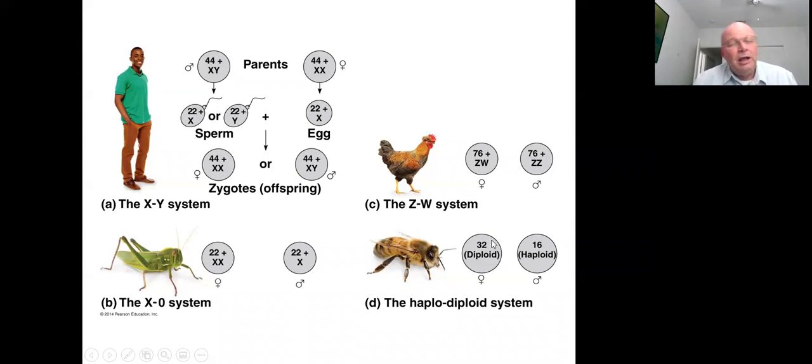In communal insects or colonial insects, like bees, wasps, termites, and ants, the females are all diploid, and they're the product of fertilized eggs. The males are all haploid, and they're the product of unfertilized eggs.